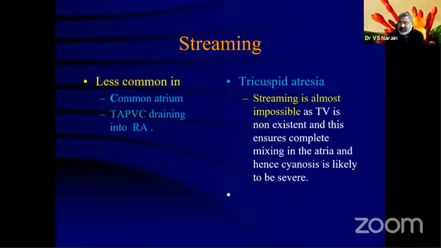You're not going to get a sick infant or a sick child in the examination. But theoretically, you can always be asked, and one should be prepared with this kind of knowledge that there are situations where you can have a preferential streaming in an admixture lesion, where you can have little cyanosis, more heart failure, and a balanced situation where you can have neither too severe cyanosis nor too severe heart failure.